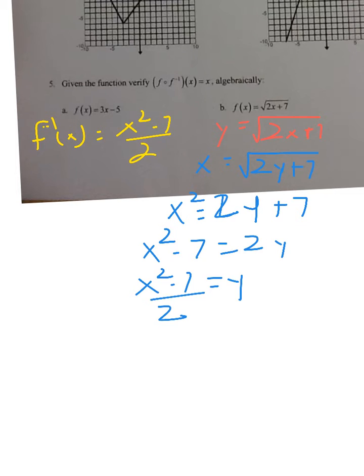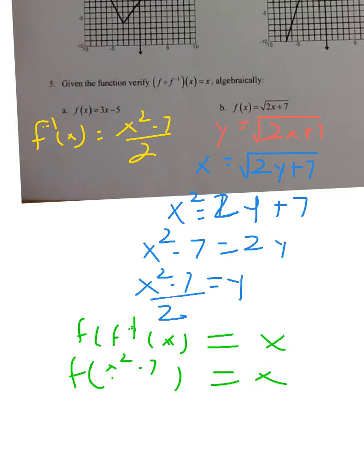All right, so now I want this composition. So it's the composition of f of the inverse of f of x. Does that give me x? So I want f of the inverse. The inverse is (x squared minus 7) over 2.